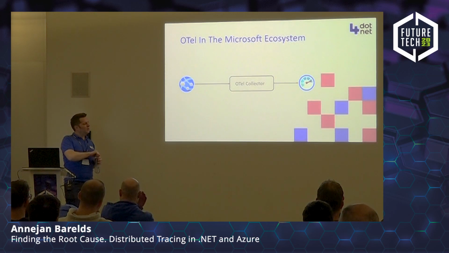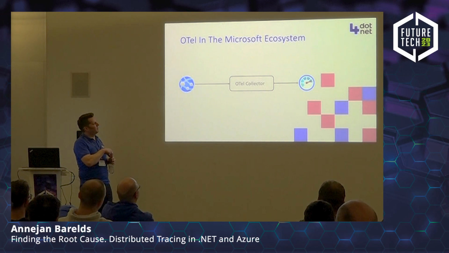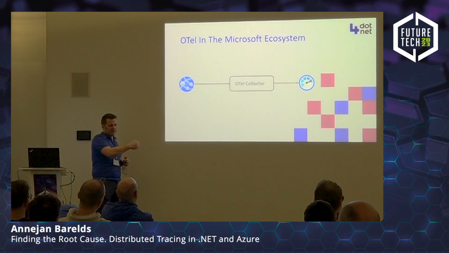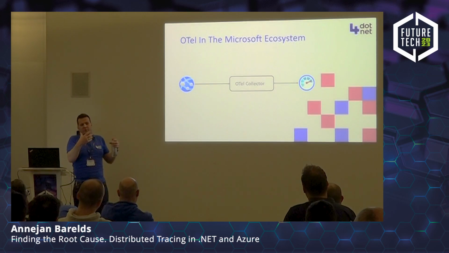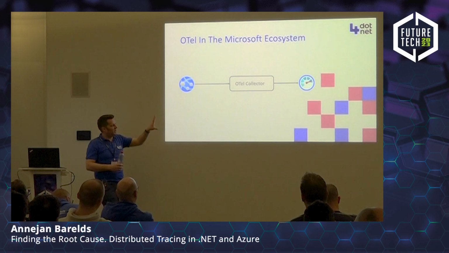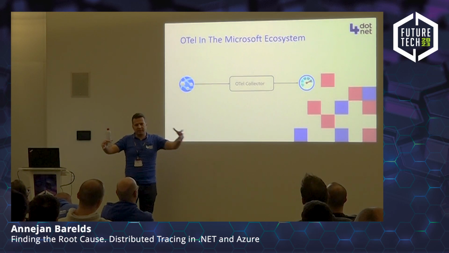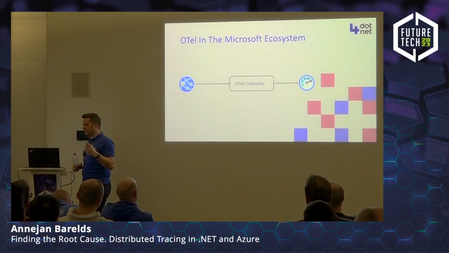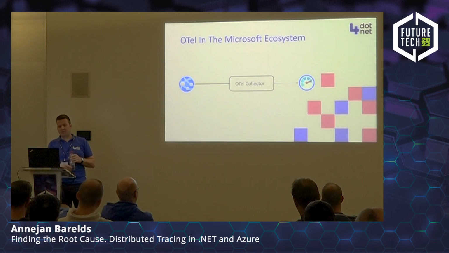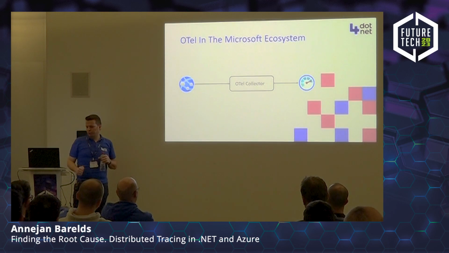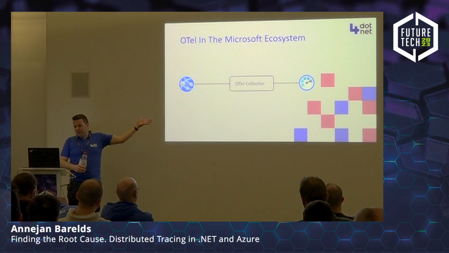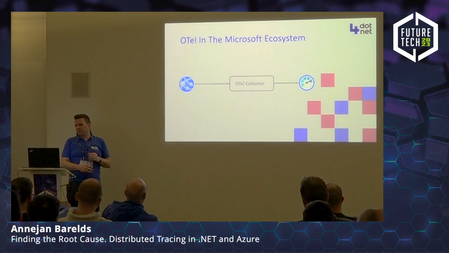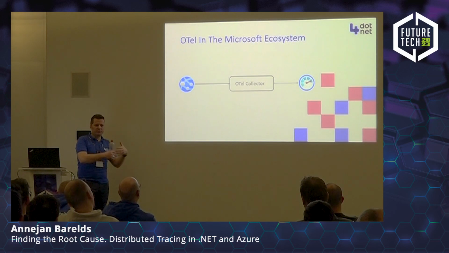Apart from having direct connections to the observability backend, you would also have the option in the OpenTelemetry space to use a collector. Basically an agent that's sitting in between, collecting telemetry data from different sources, amongst which your application maybe, and then sending that through to Azure Monitor. One benefit there would be to have that collector perform sampling, so that you don't do that on your endpoint, but you do it at the collector.